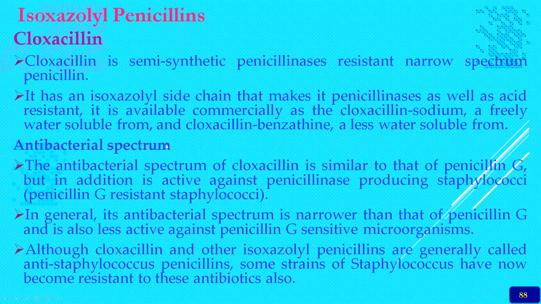The antibacterial spectrum of these drugs is similar to that of penicillin G, but in addition, it is active against penicillinase producing staphylococci. In general, the spectrum is narrower than penicillin, and it is less active against penicillin G sensitive microorganisms.